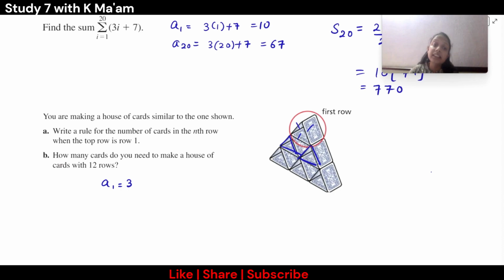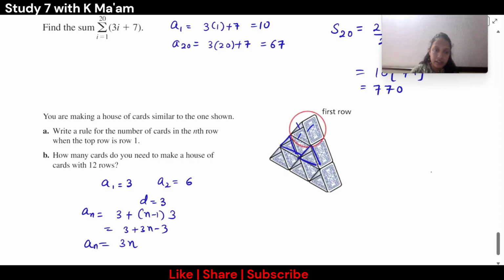We need 6 cards. So for the second, it is 6 cards. So that means the difference is 3. So the nth rule will be first term plus n minus 1 times d: 3 plus 3n minus 3. That is 3n. So an is 3n.